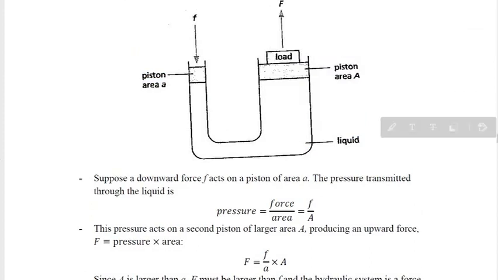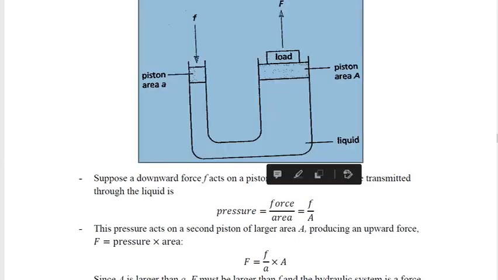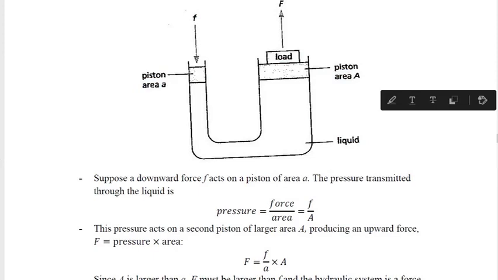So this is a container, and then that piston, if it was closed here, as you are moving this piston down, where it says piston area A here, it means that you are increasing the pressure inside of this system, inside of that container.